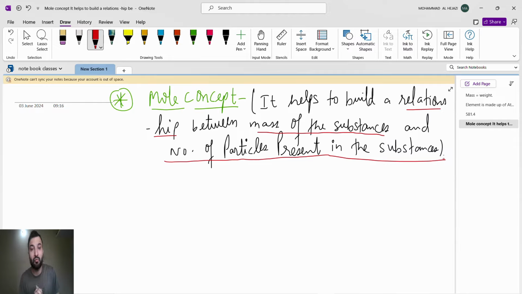With the help of the mole concept, if I tell you the mass of any substance, like this is a pen, and the mass of the pen is 10 gram, then from the mass you can say how many particles are present in the substance. If you know the mass of a substance, you can say how many particles are present in it.